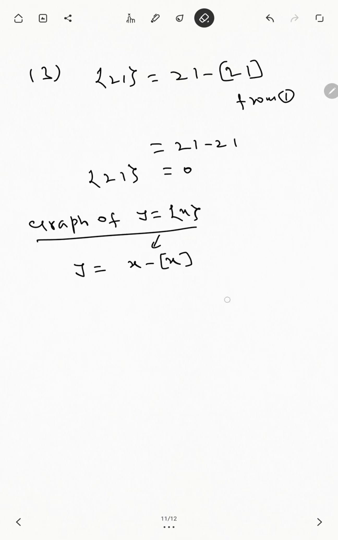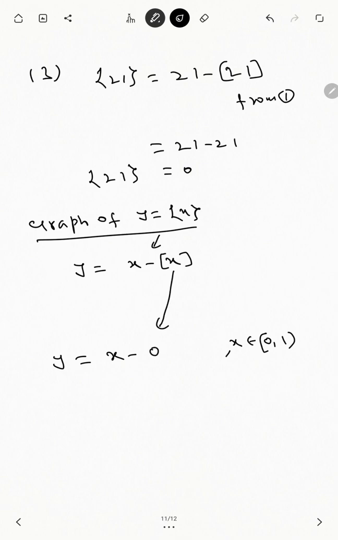So x belongs to 0 to 1. In this interval, what is the integer part of x? From this, x minus the integer part of x, the integer part value is 0, because 0 point something has integer part 0. So we are getting only x. This implies y is equal to x itself for x belongs to 0 to 1.